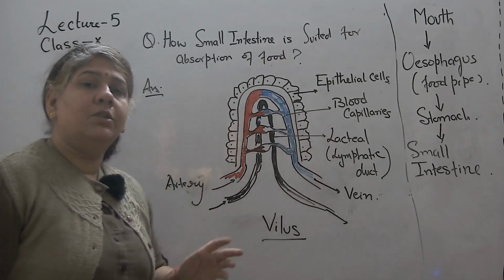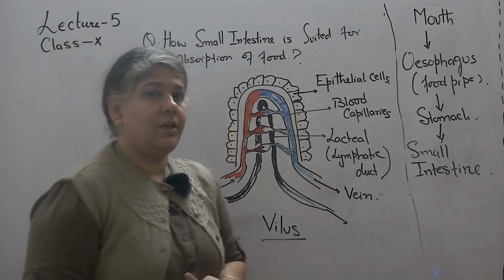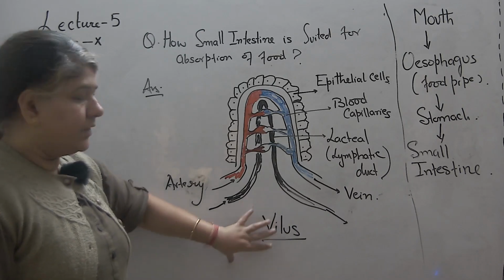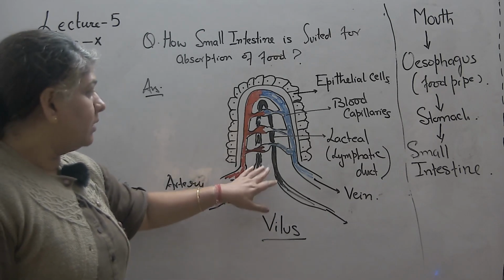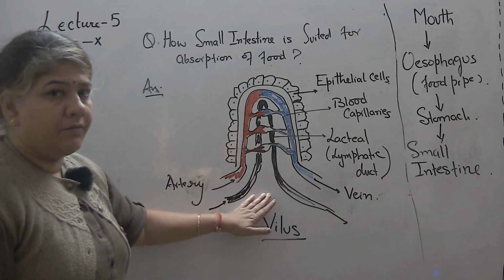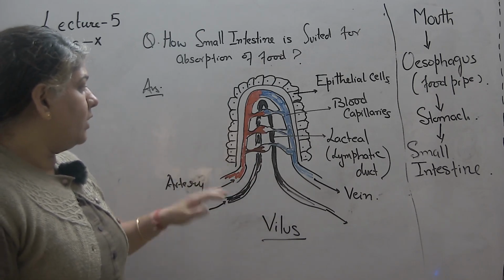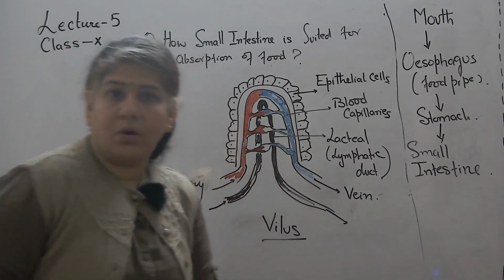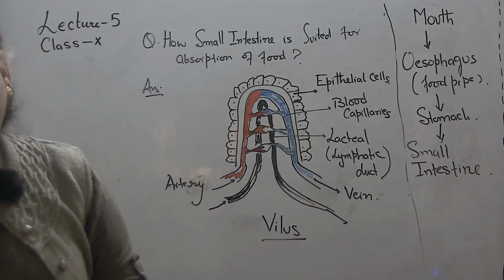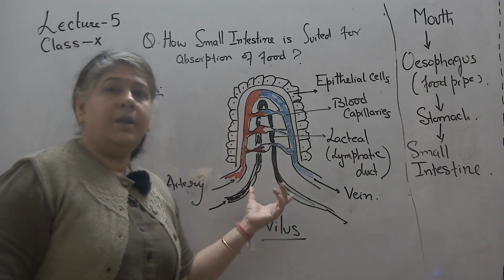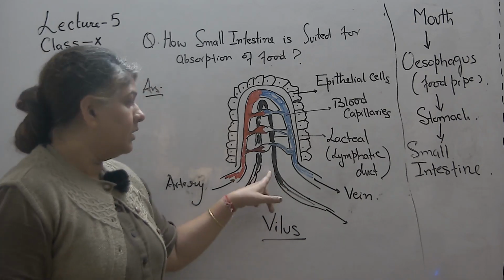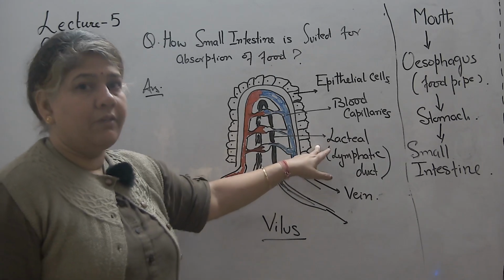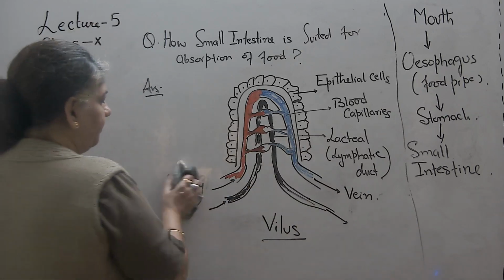Finally, the lymph will also get mixed with blood, which we will study in the circulatory system. So this way the whole digested food is now absorbed in blood and lymph. So your answer should include that the small intestine is lined by finger-like projections called villi, and these villi are richly supplied by blood capillaries and a lymphatic duct called lacteal for the absorption of fatty acids and glycerol.